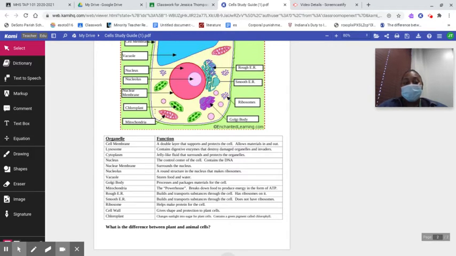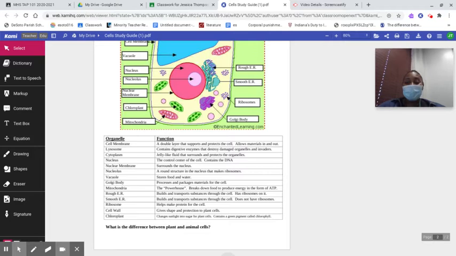The green thing inside of the chloroplast, which is nothing more than a green pigment, is called chlorophyll. So chloroplasts are very important in plant cells, and it is one of the biggest differences between plant and animal cells. Now, that concludes our overview of both plant and animal cell organelles.